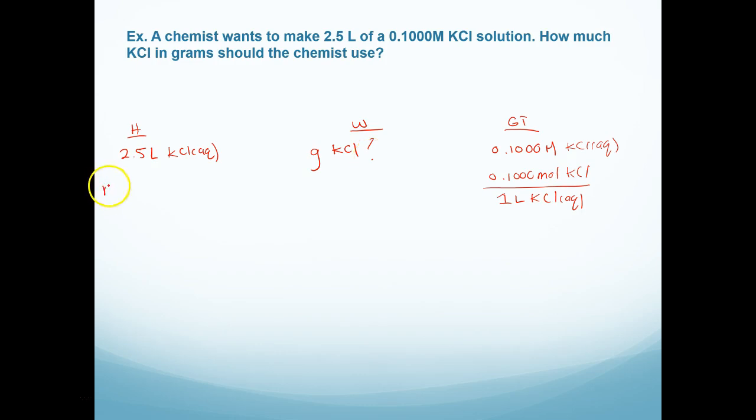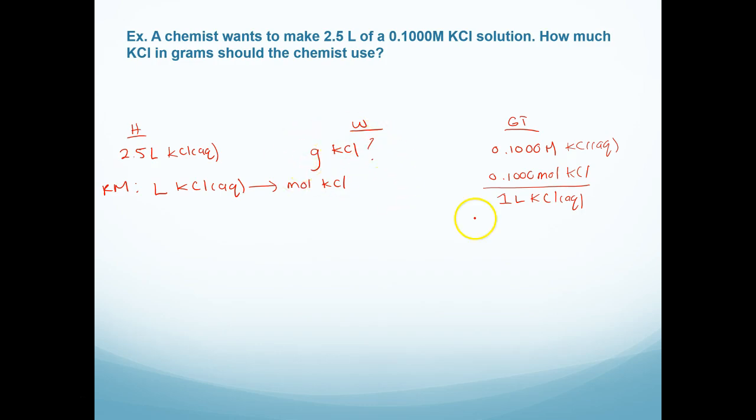Let's do a roadmap. For this one, if I start with liters of potassium chloride solution, we can go from liters to moles. So we can go to moles of just the potassium chloride. And just like in the last chapter when we were thinking about what goes into our get there, if I have grams next to something, I still need a molar mass.